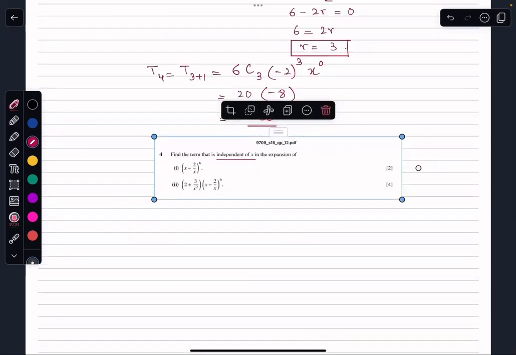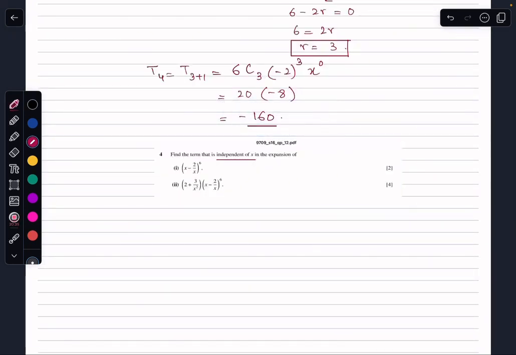Now after solving the first part, in which we got T4 equal to negative 160, in part 2 they are saying it's 2 plus 3 over x square times x minus 2 by x to the power 6. Here the expansion shall give me the term which is independent of x. We have to do a little bit of critical thinking here.